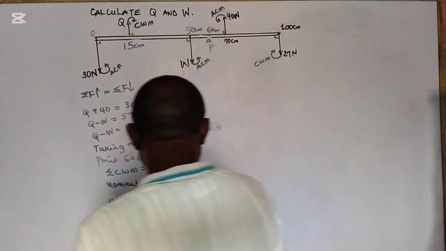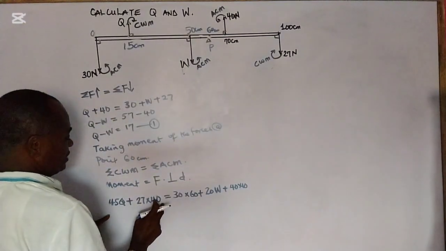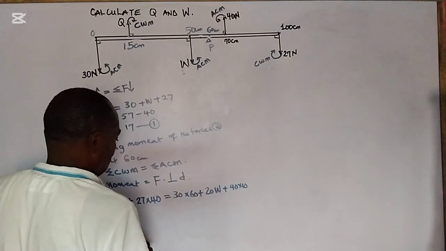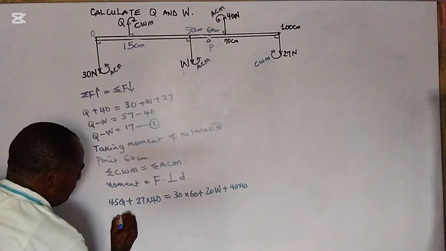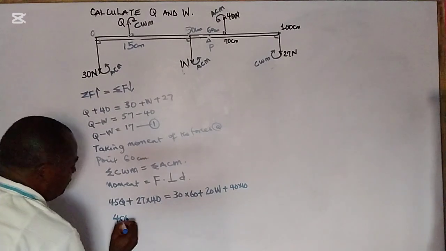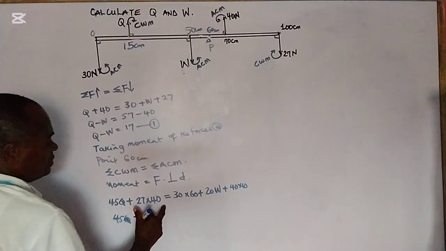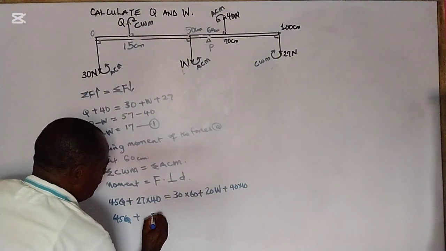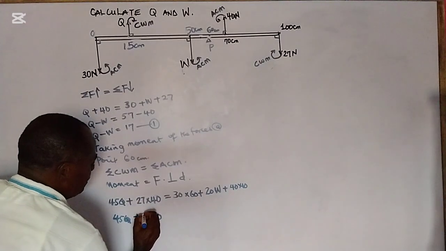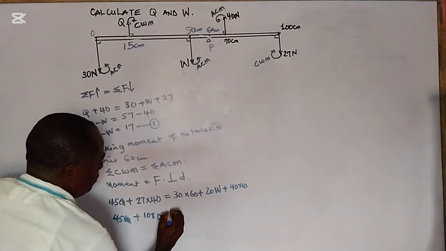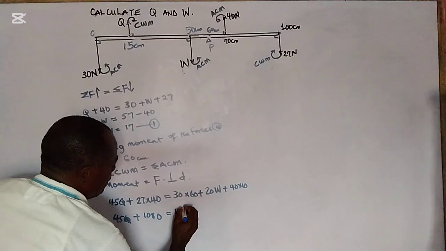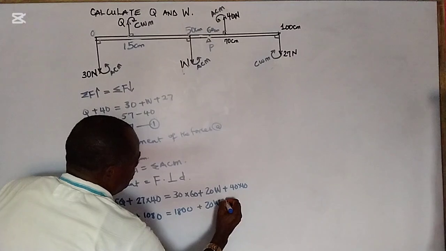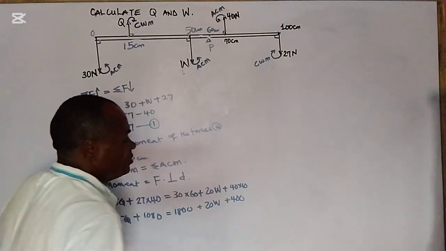So the next thing we're going to do here is multiply this by this, multiply this by this, multiply this by this. If we do that, we have 45Q plus, if I multiply this, I have 108, equals, multiply this, we have 1,800, then we have 20W, and then we have 400.